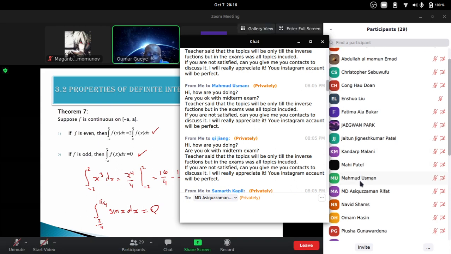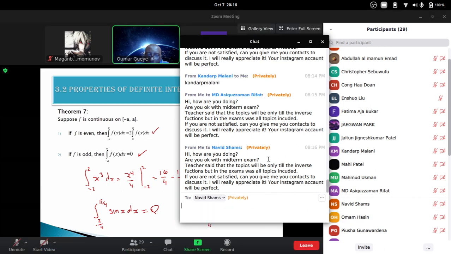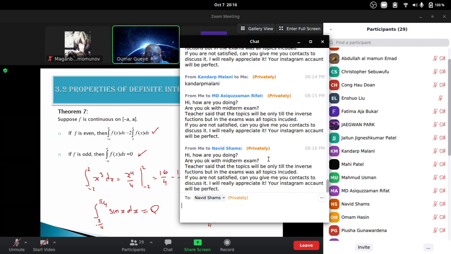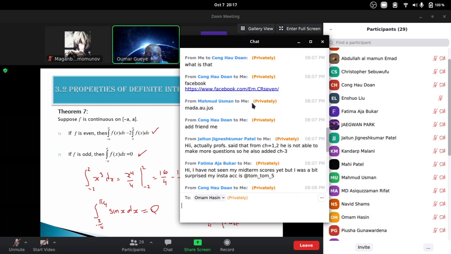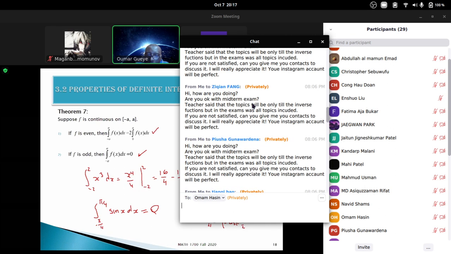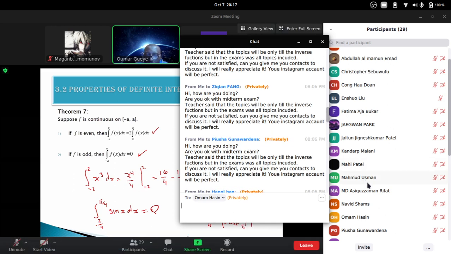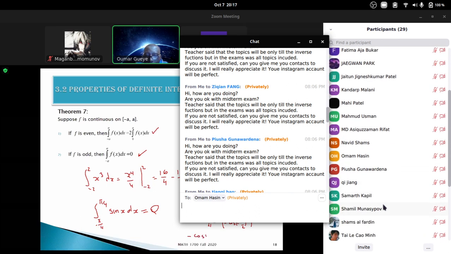At pi by 4, you get minus cosine pi by 4, minus, and at negative pi by 4, you get minus cosine of negative pi by 4.